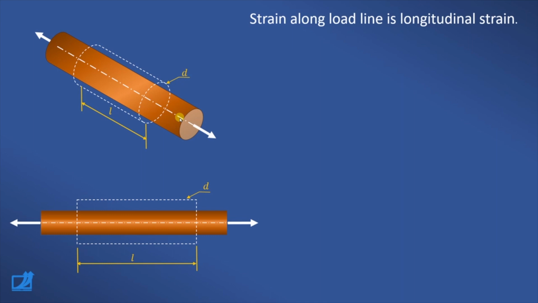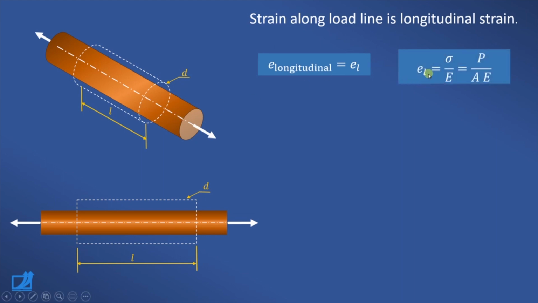Strain along the line of load is longitudinal strain. In this example, strain in length is longitudinal strain, and longitudinal strain is stress upon Young's modulus. This is what we have studied earlier.